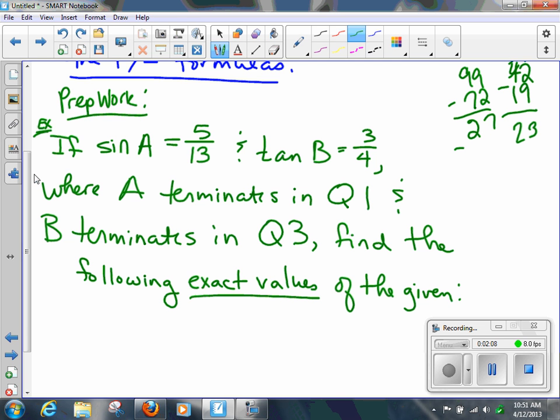If sine of A is equal to 5 over 13, tangent of B is equal to 3 over 4, where A terminates in quadrant 1 and B terminates in quadrant 3, find the following exact values of the following examples.